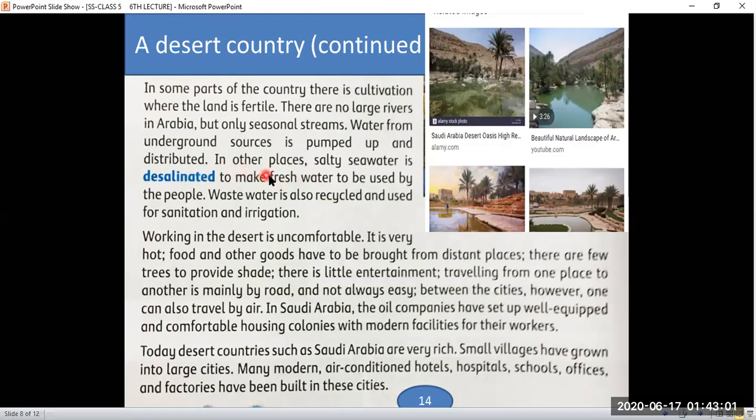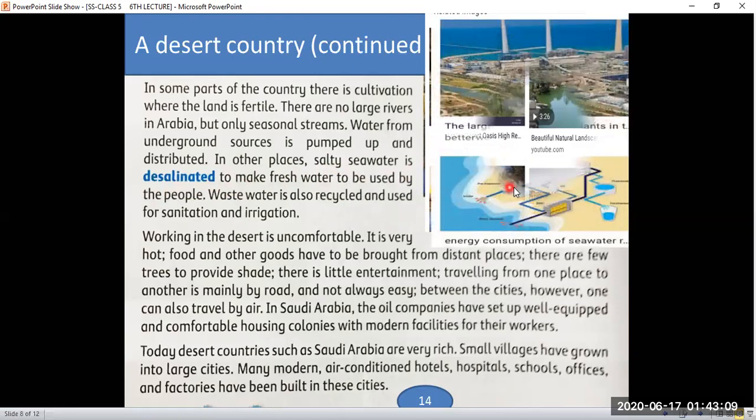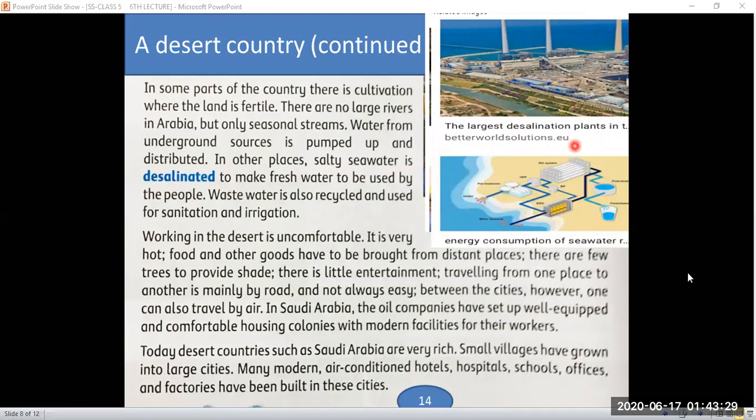And in other places, salty water is desalinated. So what is the meaning of desalinated? Here, these are the plants of desalinated water, located in this picture. The water is taken from the sea, which is salty, then made into fresh water or drinking water.